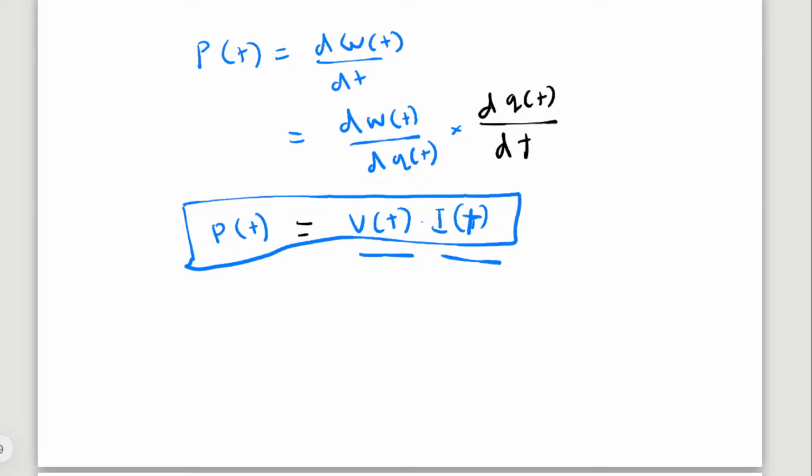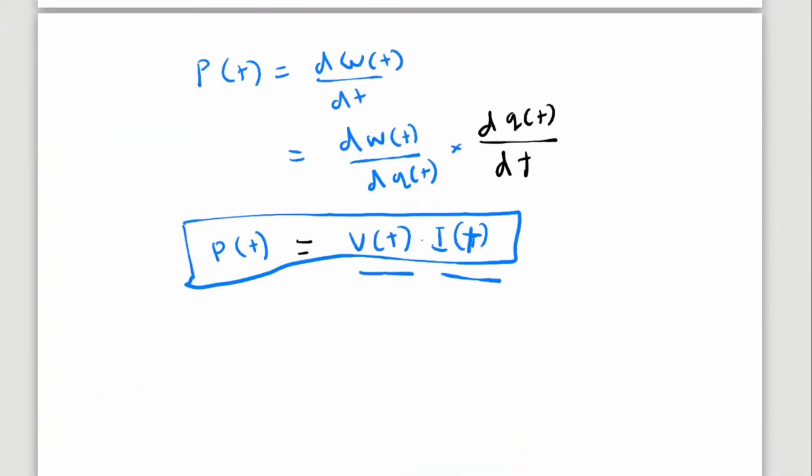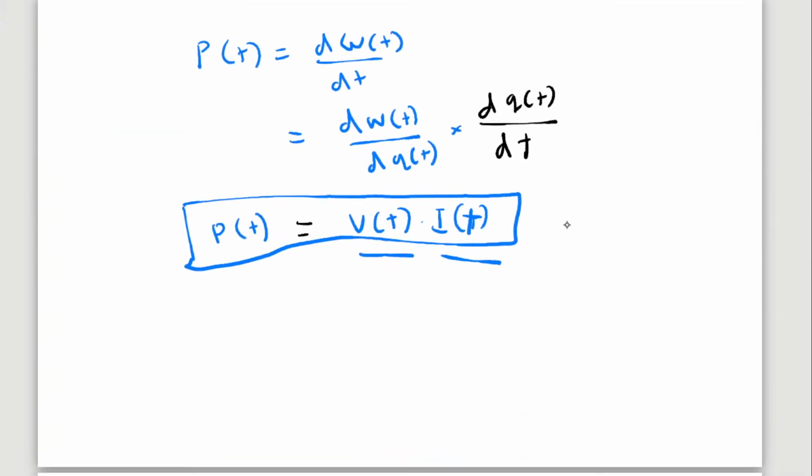So far we have discussed the basic electrical quantities and how they are connected. The unit of power is watts, represented by the letter W. These are the basic quantities related to electrical circuits.